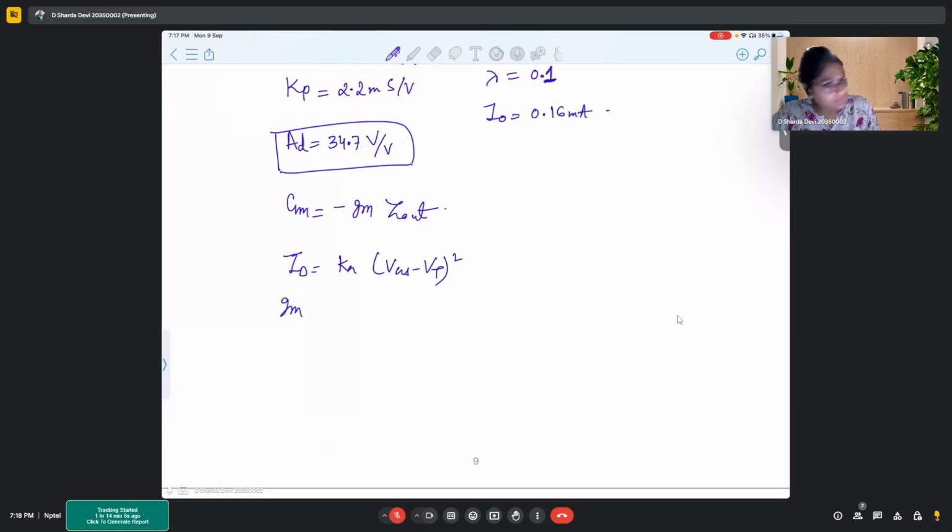Now here Gm will be 2 root under Kn ID. So as you know, Gm is this.